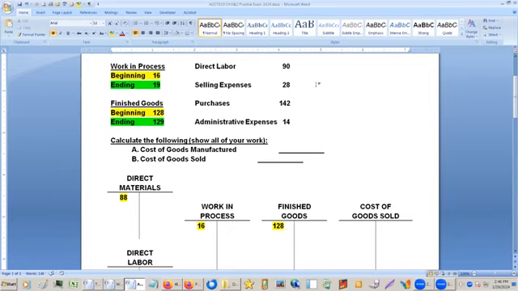And by the way, if you go to our what is overhead and what is not, selling expenses and administrative expenses are not overhead. I'm going to put that right in here.